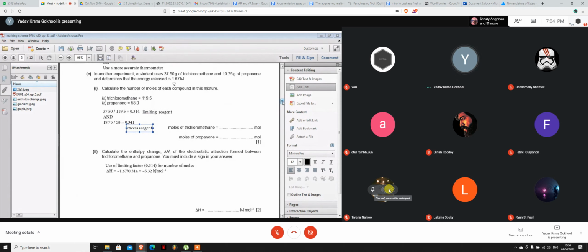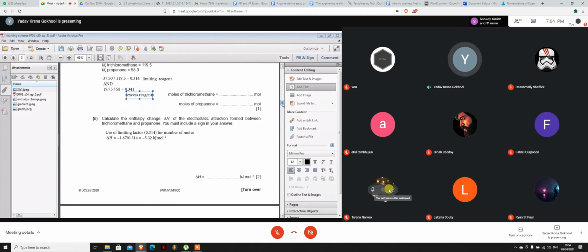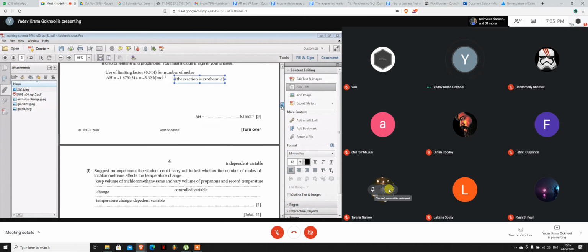They are different, so we take the limiting one, and then we just divide. And why the minus over here? Because we already know that the reaction is exothermic. So I hope that the issues for the first question have been solved, for these two parts.